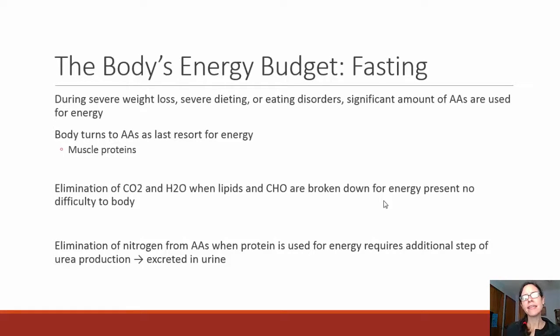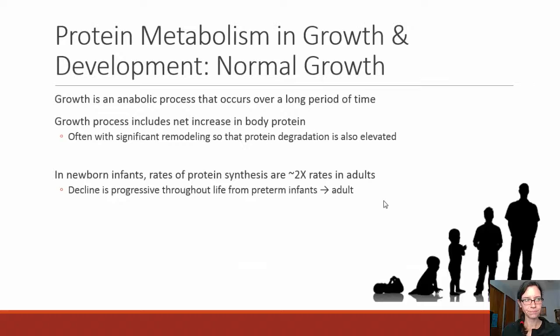However, amino acids have a nitrogen component, and we know that if we have too much nitrogen or ammonia in our blood, it can be toxic. So when we break down protein to use for energy, we know from last week that we've got to go the extra step to transaminate or deaminate these amino acids so that we can use them for energy. So this is just one more step that the body needs to take.